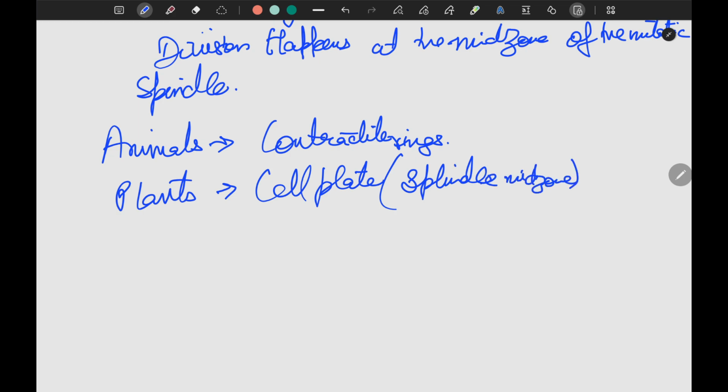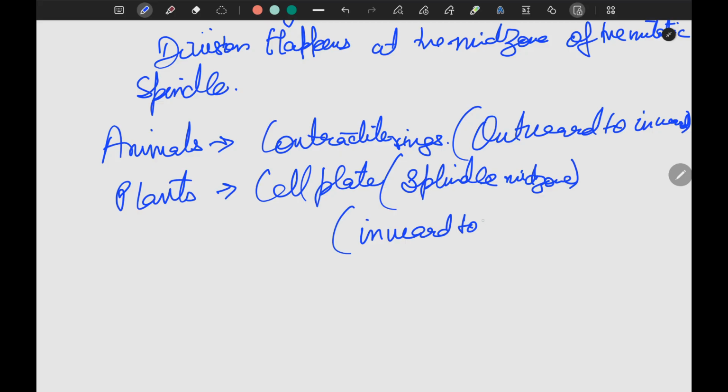Then division happens. But here we have to consider that in animals it is done outward to inward, and vice versa in plants, which is inward to outward, or we can say middle to outward towards both sides, like this.